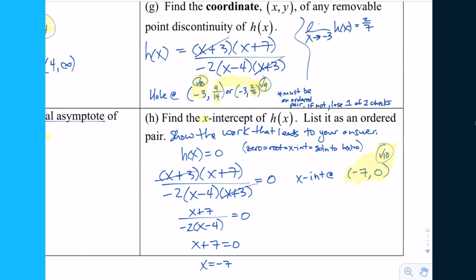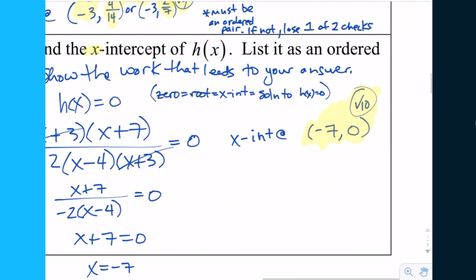Yes? Do we get it wrong if we put -3, 0? Yes. If you put, yes, good. If you put -3, 0 and -7, 0, you're just going to lose one check. You won't get any check there. Yes. Is that what you did, Phipps? Yep. Yeah. Let me make a note of that.